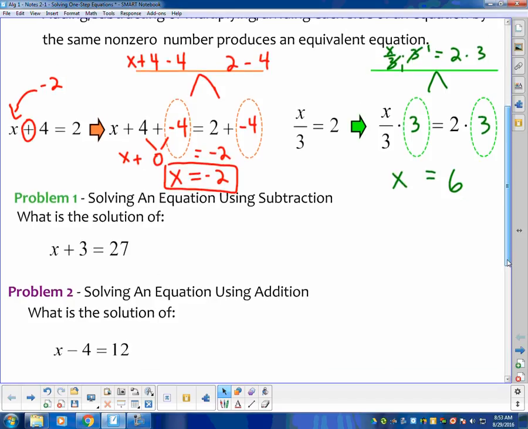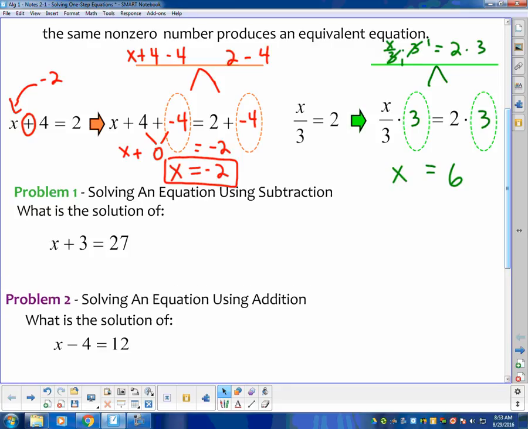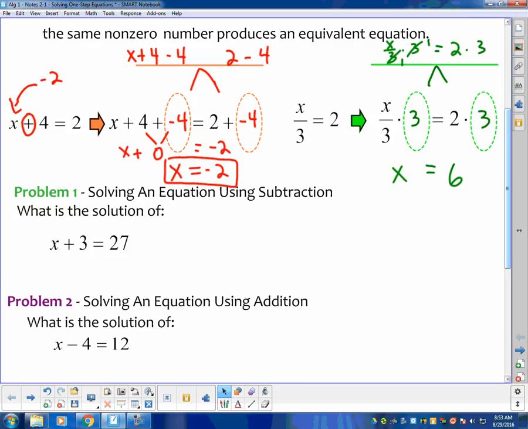Move on to problem 1 here. We're going to look at one problem of each type. On problem 1, I have x plus 3 equals 27, so what I'm going to do is subtract 3 from each side, or add a negative 3. So I have x plus 3 minus 3 equals 27 minus 3.